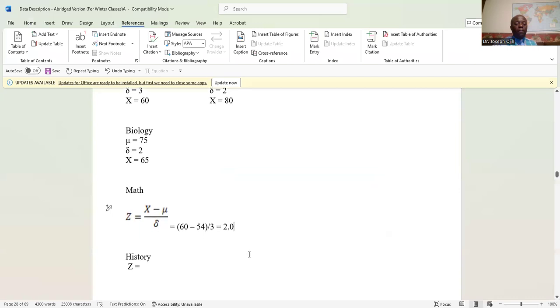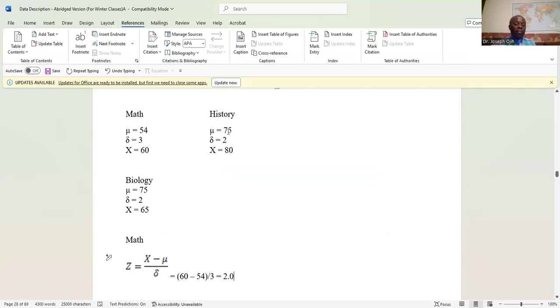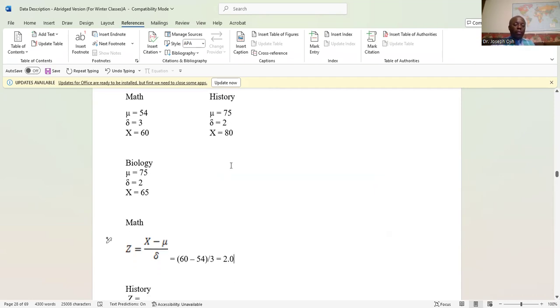And let's do the same for history. The class average for history is 75, and the class standard deviation is 2, and she scored 80. So it's going to be 80 minus 75 over 2, which is the number of standard deviations.